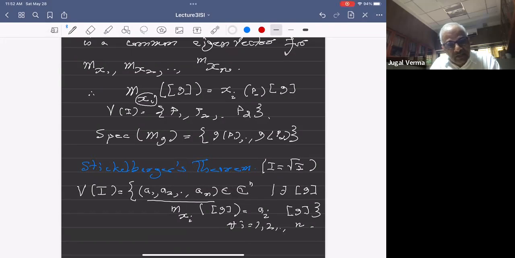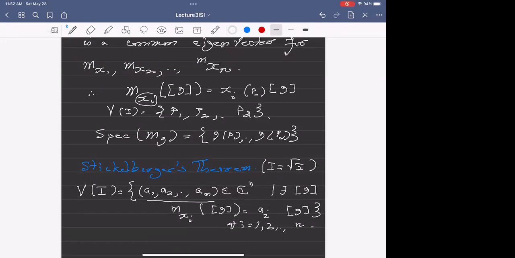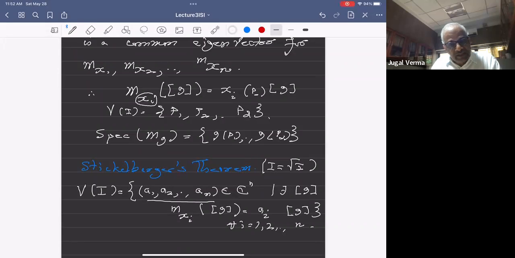We know the common eigenvectors do exist, because they are commuting diagonalizable operators. So you find more and more common eigenvectors, and you will find more and more common solutions of the system of polynomial equations. And we know that there cannot be more than D solutions. We know an upper bound, so we know where to stop.